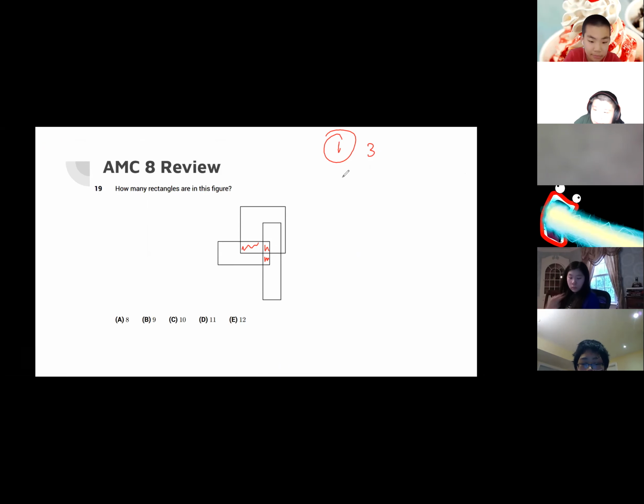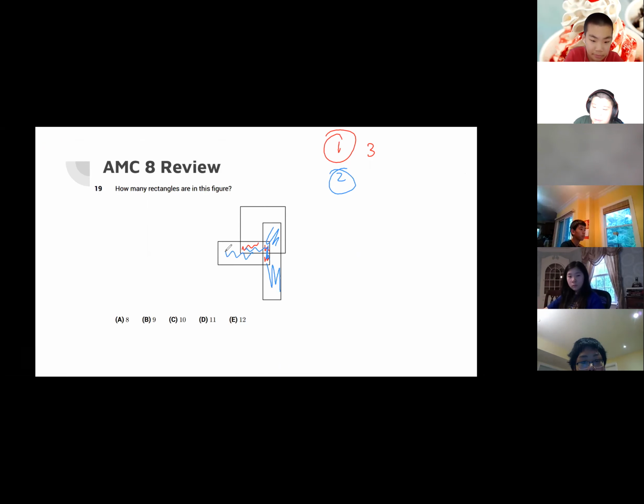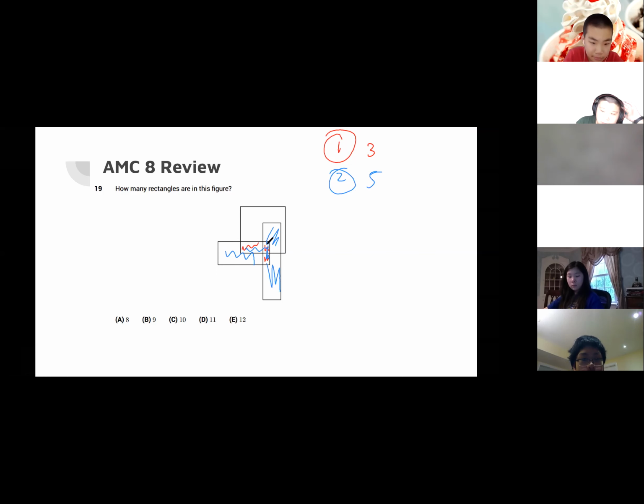For 2 regions, let me use a different color. You can have this one, this one, this one, this one, or this one. So that's a total of 5. And you just really have to be very careful to check that those are in fact the only ones. There are none of them that have 3 regions.